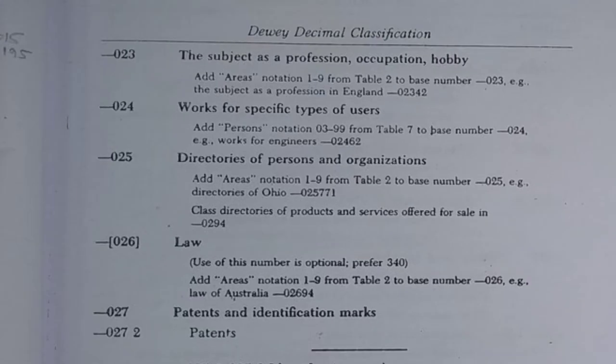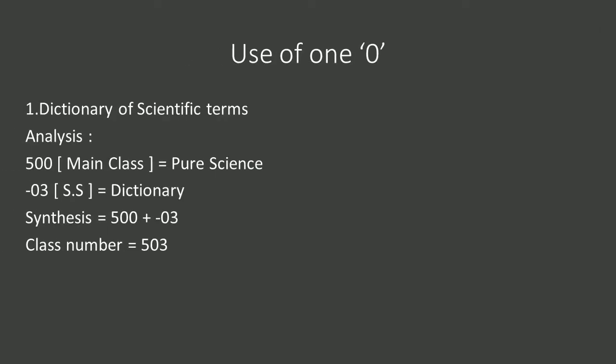Okay. Now we will practice and we will understand it clearly. A dictionary of scientific terms. Here is a dictionary of scientific terms. Scientific terms means dictionary of science. There is a dictionary based on scientific terms or science.